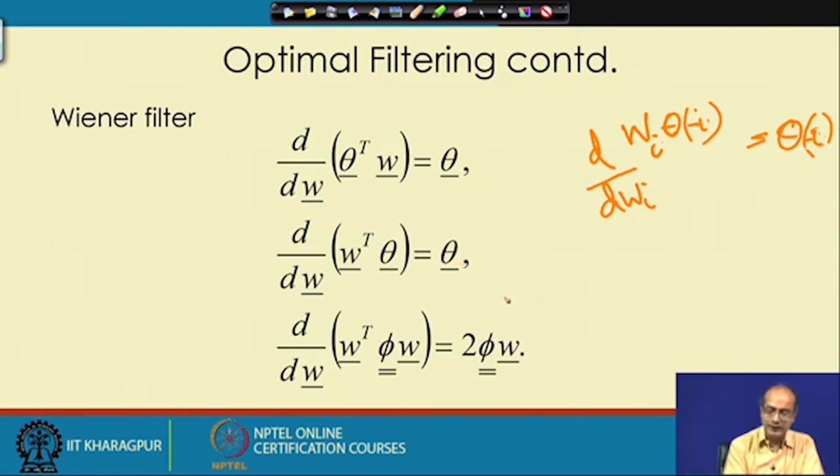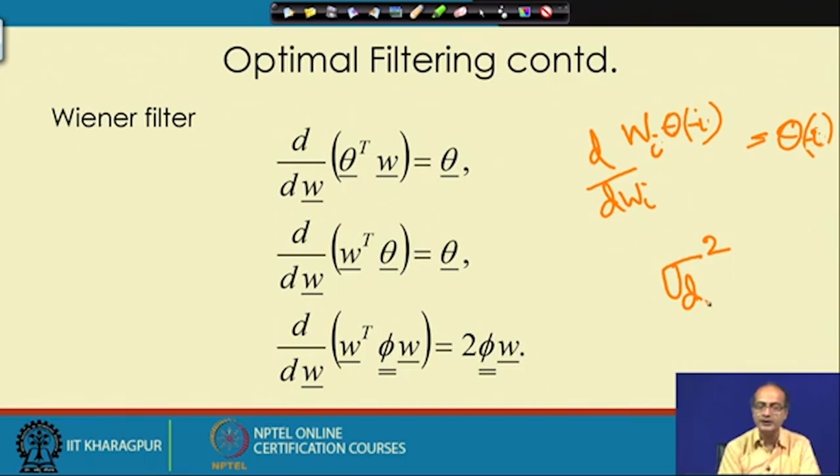And for the last term, involving the autocorrelation matrix, we get phi W. Here we have omitted one part, which is what happens if we take the derivative of the first term.